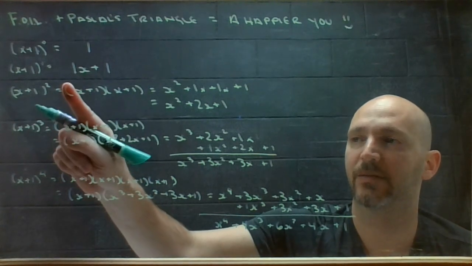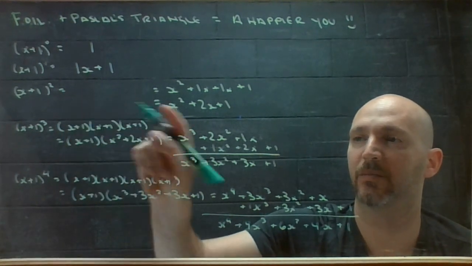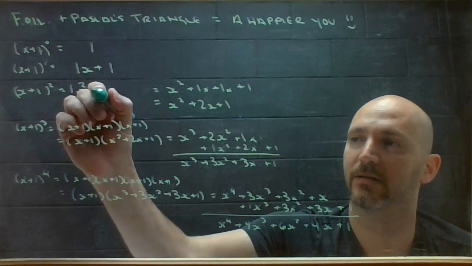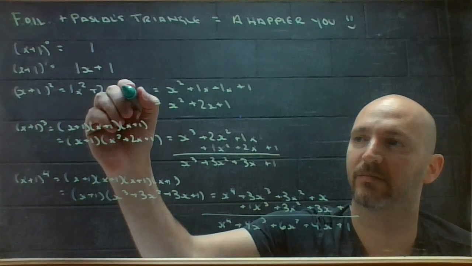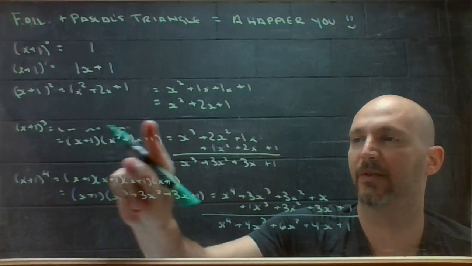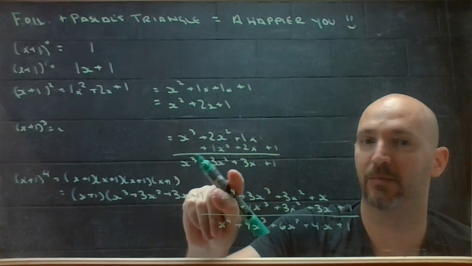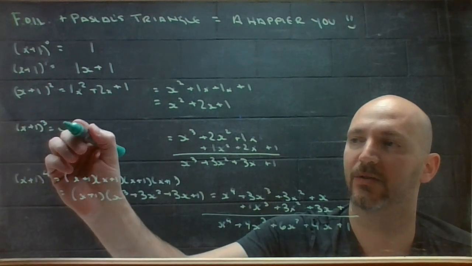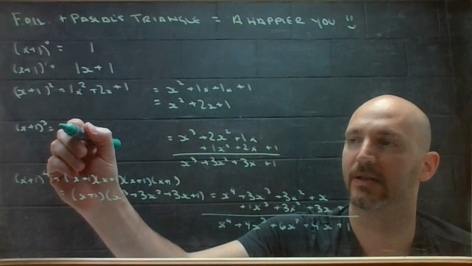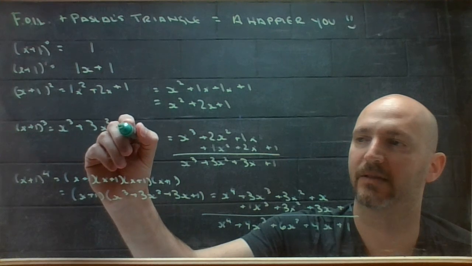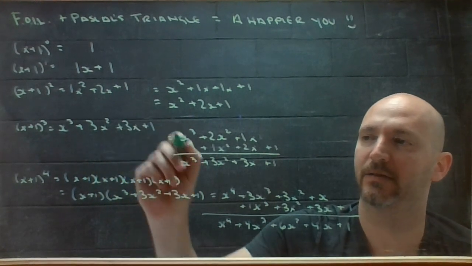I'm going to get rid of this work here. I'm going to put in my final answer, 1x squared plus 2x plus 1. And I'm going to get rid of all the work here. I'm going to put in my final answer, that x plus 1 cubed was x cubed plus 3x squared plus 3x plus 1.